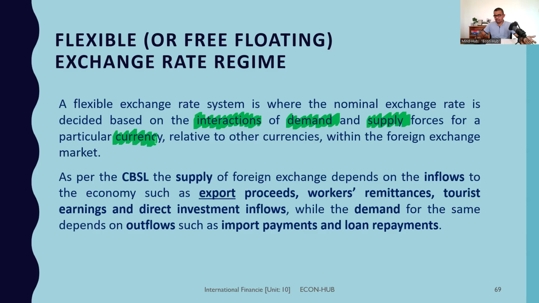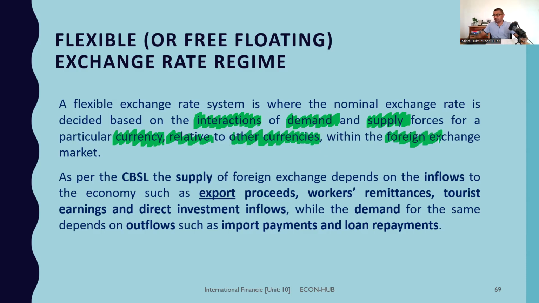So what is the demand and supply for the rupee? Based on the demand and supply for the rupee, we determine the exchange rate of a particular currency relative to another currency, or other currencies. If it's bilateral, one other currency, within the foreign exchange market.